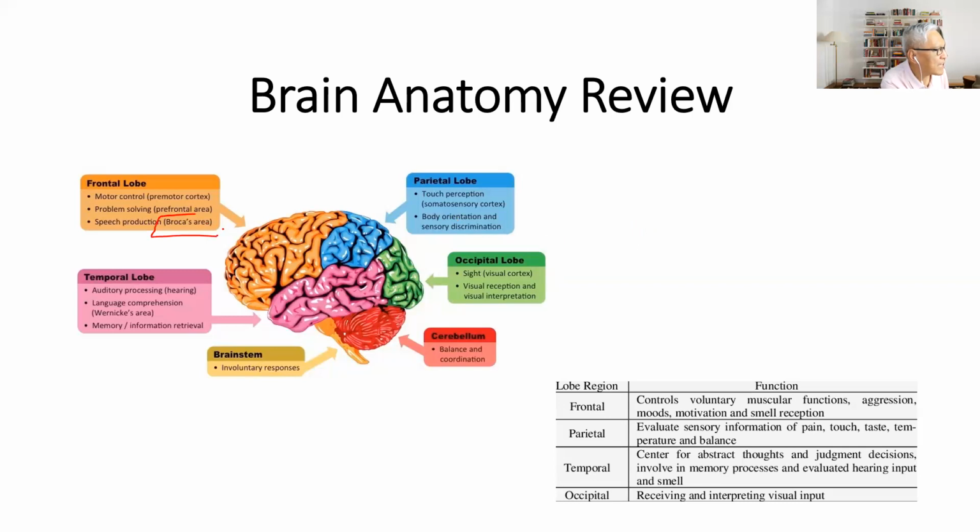That is the mechanics of speaking. The temporal lobe, on the other hand, is mainly for hearing and language comprehension. So this is what's called the Wernicke's area. And this is often tested. So F, frontal for Broca, temporal for Wernicke.